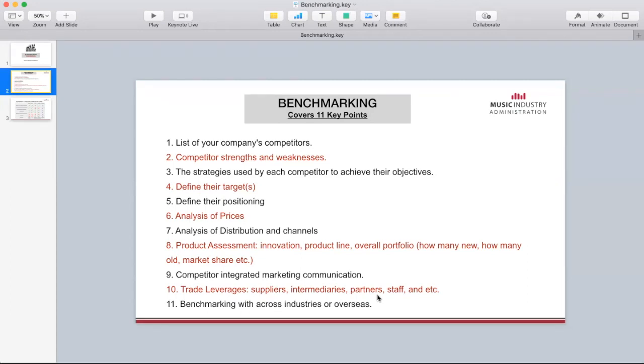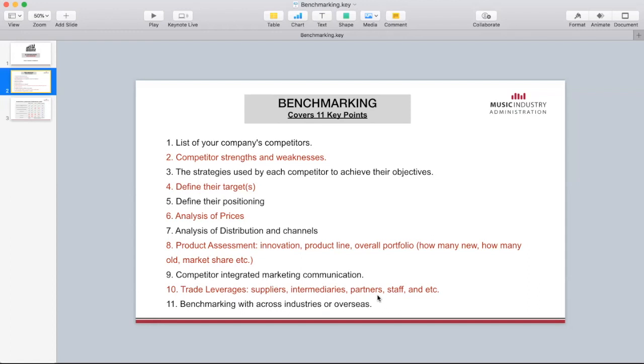Maybe they have trade leverage because of some distribution company they work with, a big retailer, or maybe some kind of influencer, or some specific staff that becomes an influencer or eventually becomes available to be hired.